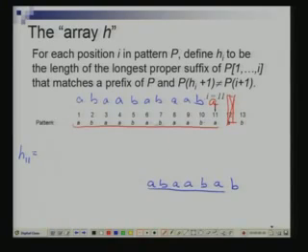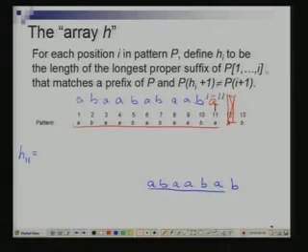So I am finding the longest proper suffix. Proper suffix means a suffix which does not include the entire text, like proper subset means strictly smaller. So a proper suffix of P1 through Pi is a strictly smaller suffix that matches a prefix of P.